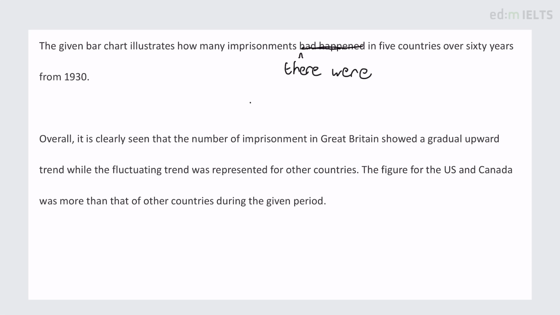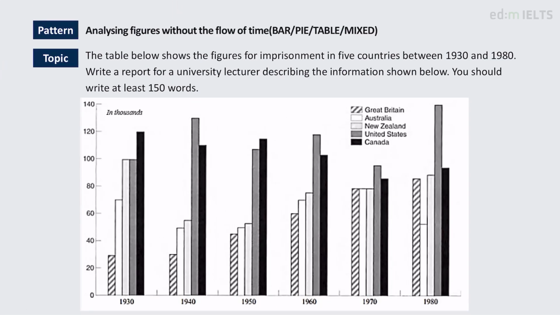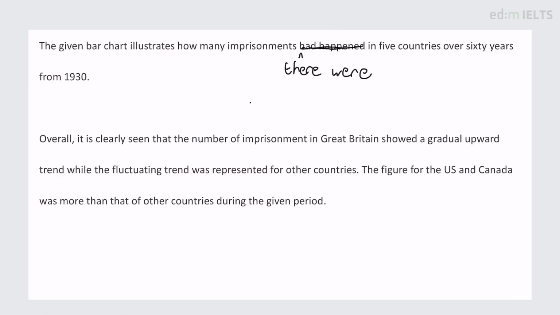I know the writer's trying to be fancy by using the past perfect, but there's no reason to use the past perfect here. We're not comparing one time in the past to another time in the past. We're just talking about some past time periods, the periods of 50 years in this case.